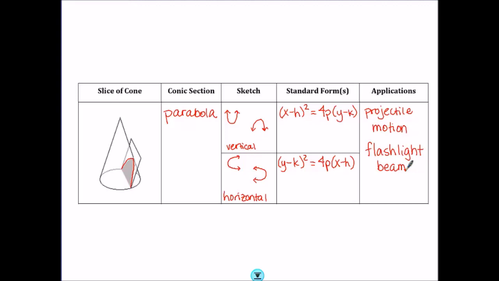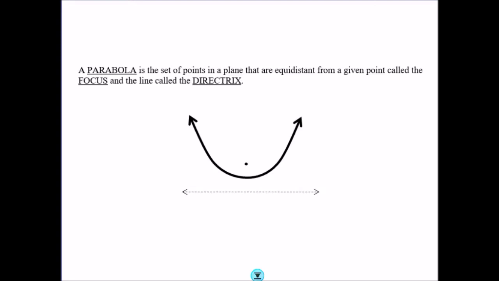So now let's take a more detailed look at parabolas. A parabola is the set of points in a plane that are equidistant from a given point called the focus and a line called the directrix. So first of all, we have our vertex, and that's essentially the same as it was in Algebra 2.